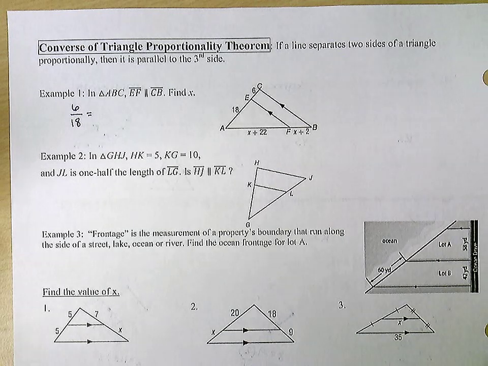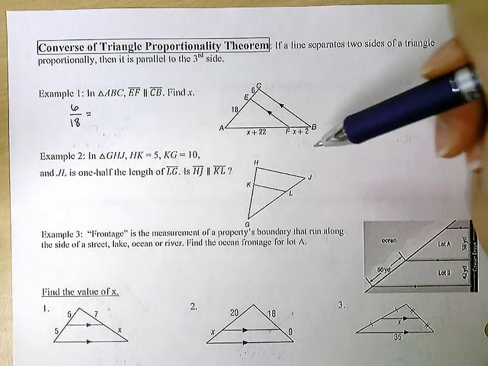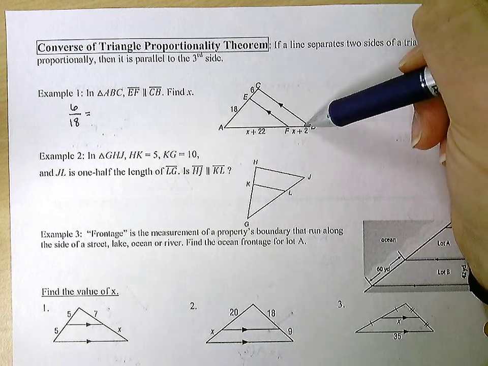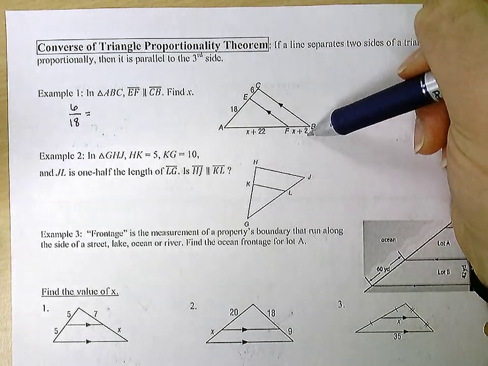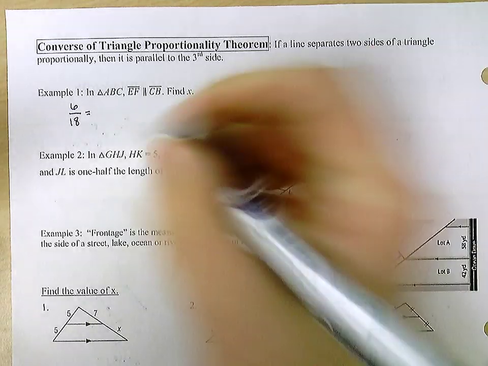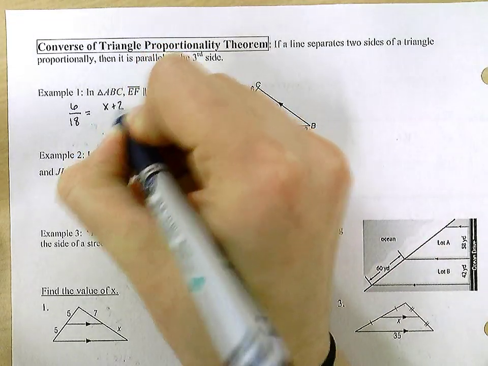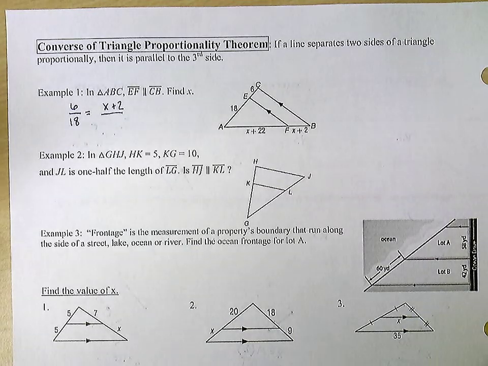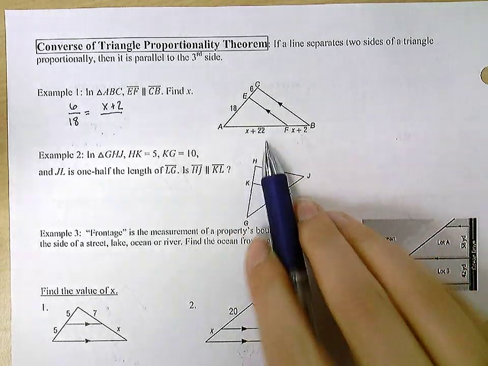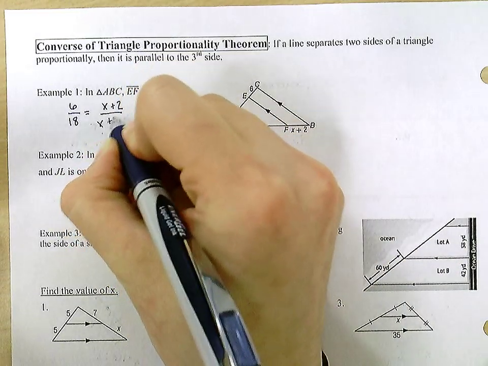Okay, that would be equal to, now I'm going to go to the other side. Since I started with 6, I should start with that smaller side in the other line as well. That's x plus 2. So I have x plus 2 over the larger side within the same line, which is x plus 22.